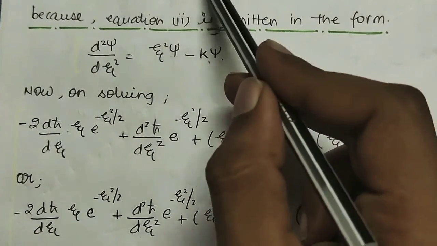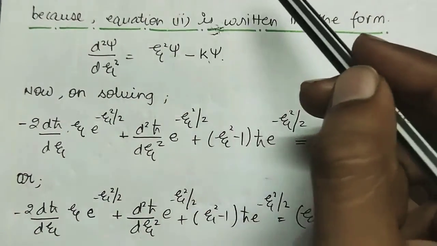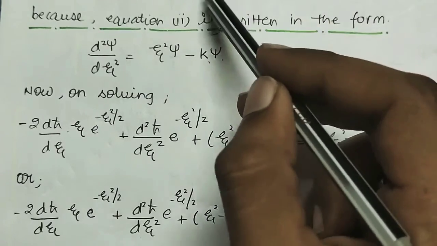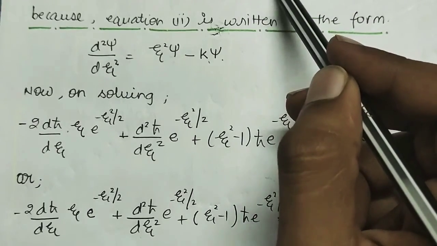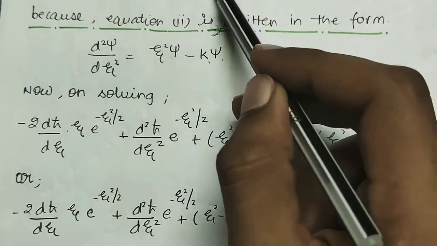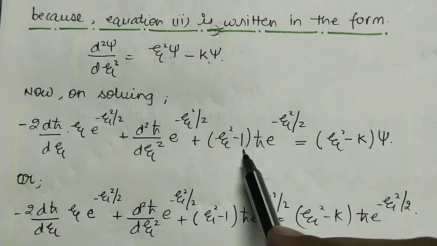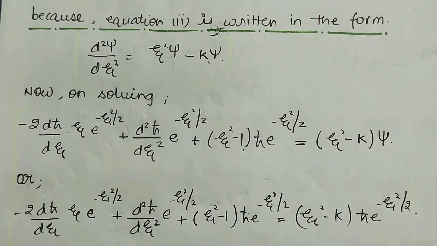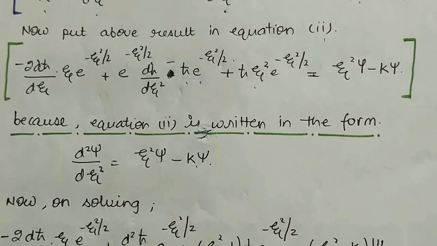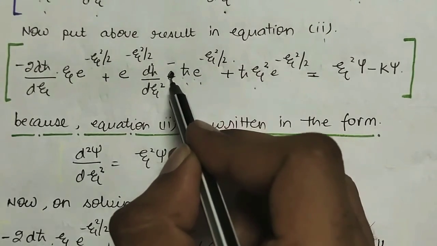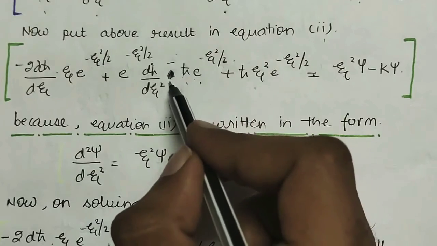Actually here I am taking common h cross e to the power minus j square by 2 with these two terms. Here j square is left, here 1 is left. Sorry, here the minus sign is there.